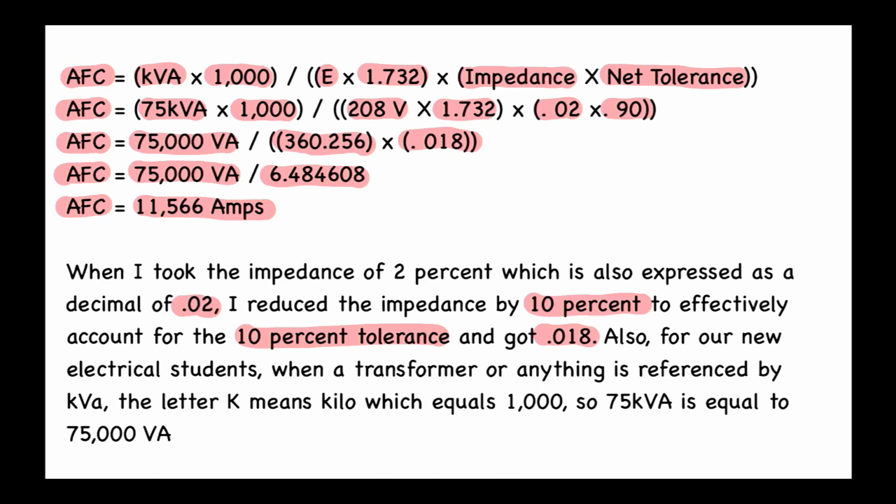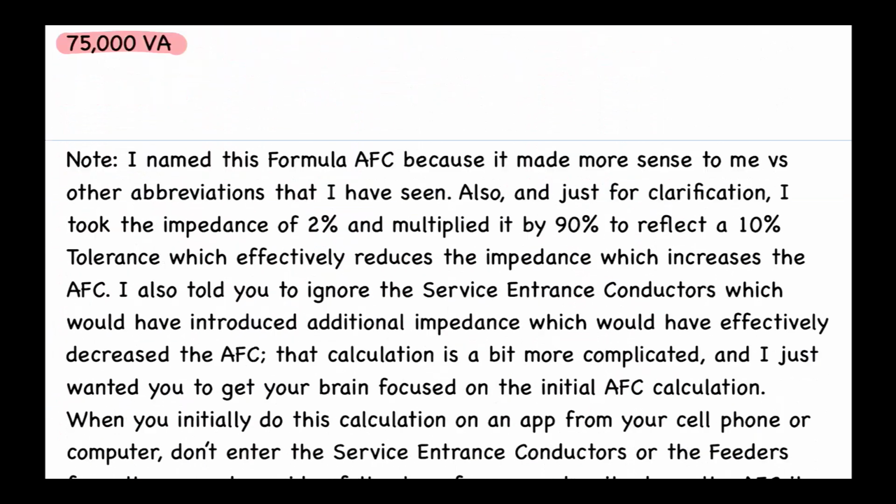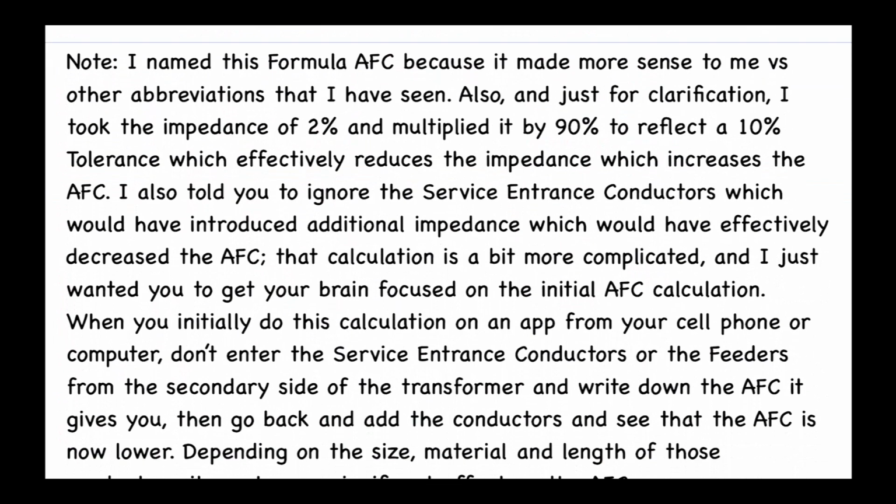Also, for our new electrical students, when the transformer or anything is referenced by kVA, the letter K means kilo, which is equal to 1,000. So 75 kVA is equal to 75,000 VA. Okay, I've got some more stuff in here. Let's see what I wrote. Note, I named this formula AFC because it made more sense to me versus other abbreviations that I have seen.